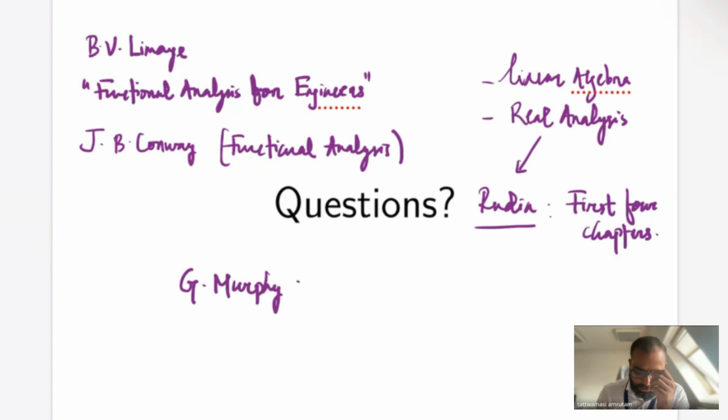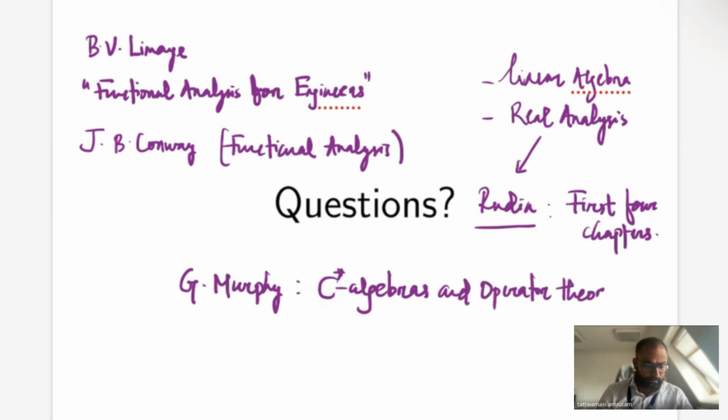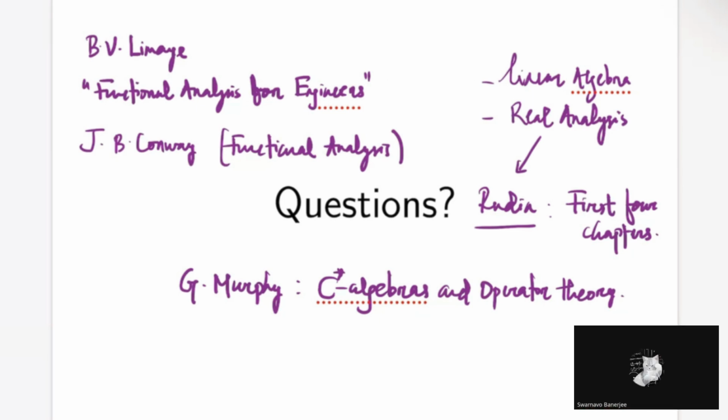It's called C-star Algebras and Operator Theory. If you look at chapter 1, there is Hilbert space, inner products, completion, orthonormal basis, everything is there. So you can look at that as well. Okay, sir. Thank you, sir.